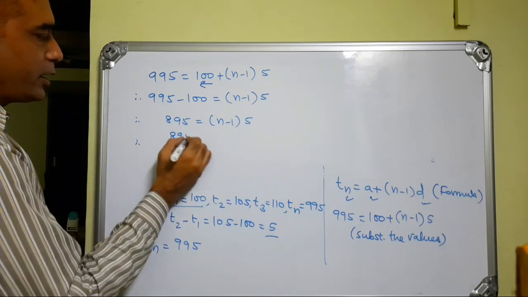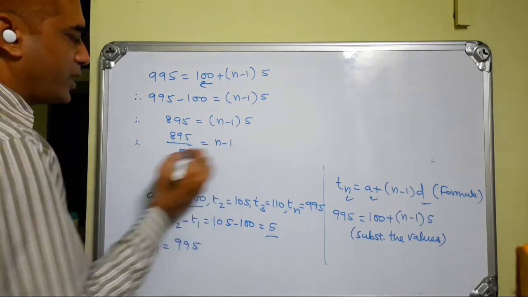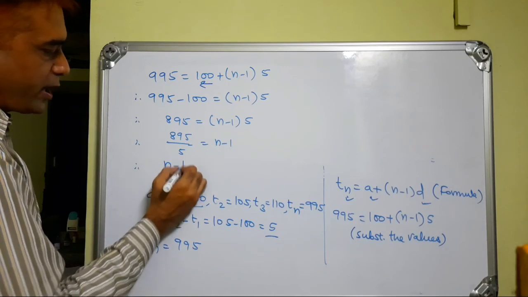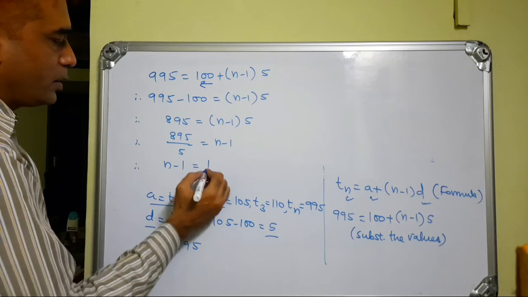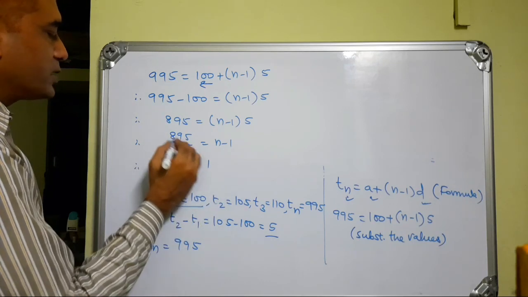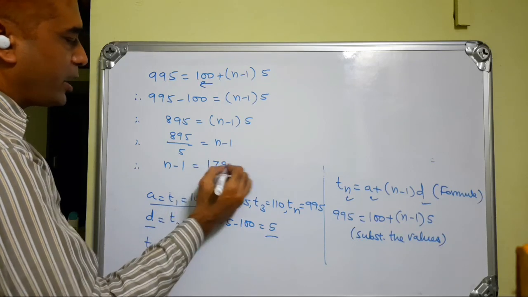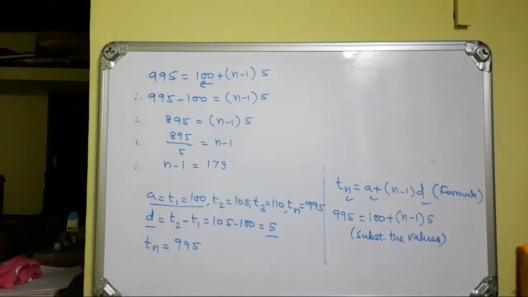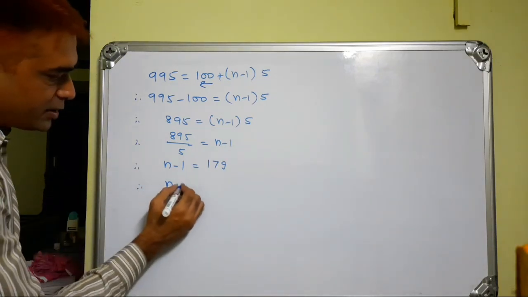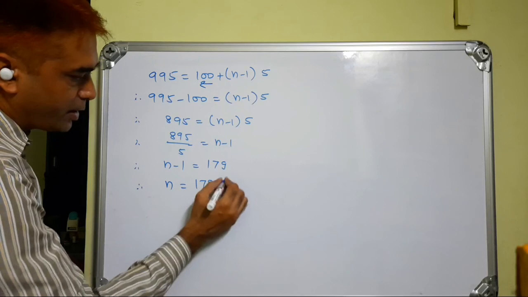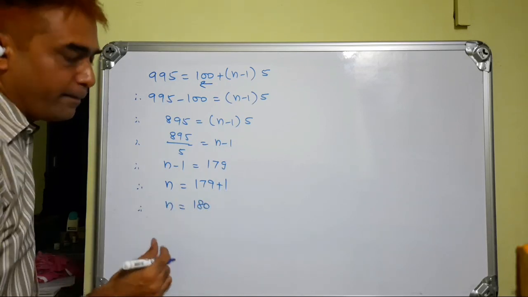Therefore, 895 upon 5, transposing 5, equals n minus 1. Therefore n minus 1 equals 5 goes into 895, 1 time, then 7 times, then 9 times. n minus 1 is 179, therefore n equals 179 plus 1, and therefore n is 180.